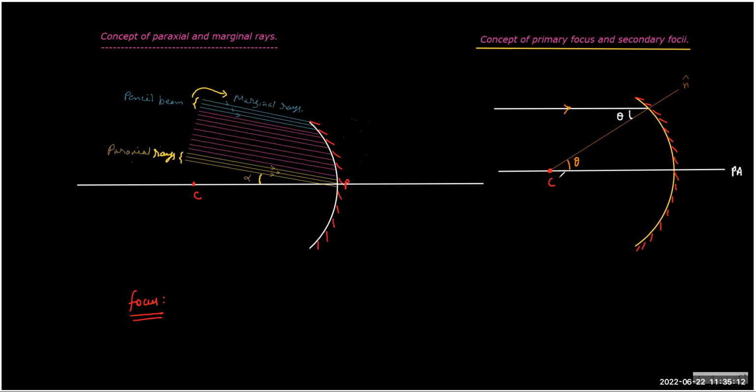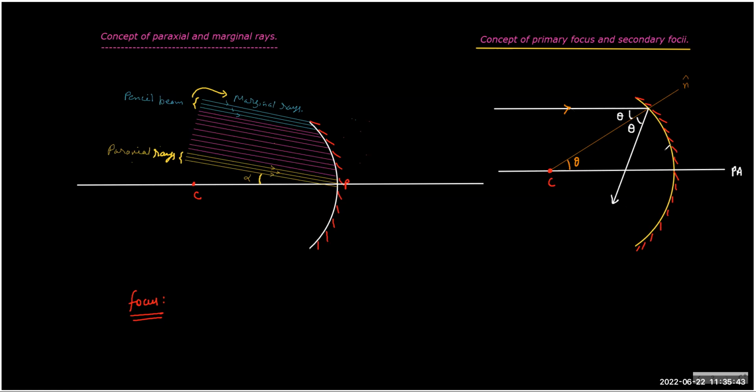As per the laws of reflection, the light will reflect at what angle with respect to the normal? The same angle, theta. So a parallel beam which was coming like this will pass through like this, or it will intersect the principal axis.